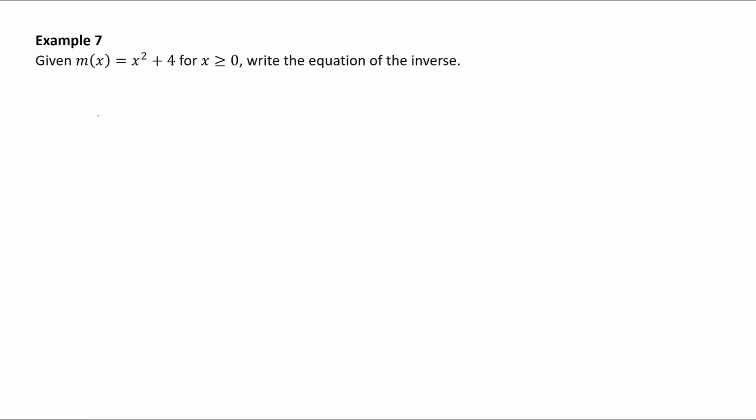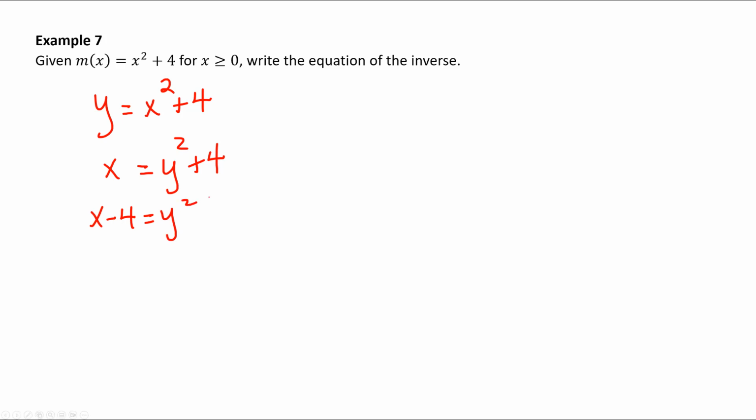So we're going to change this to y equals x squared plus 4. And then we are going to interchange the x and y. So x equals y squared plus 4. And now we want to isolate y. And to do that, we're going to subtract 4 on both sides. So we'll have x minus 4 is equal to y squared.